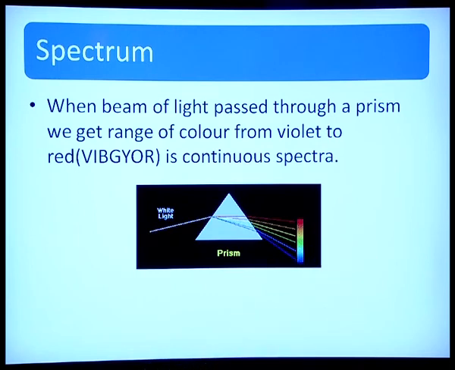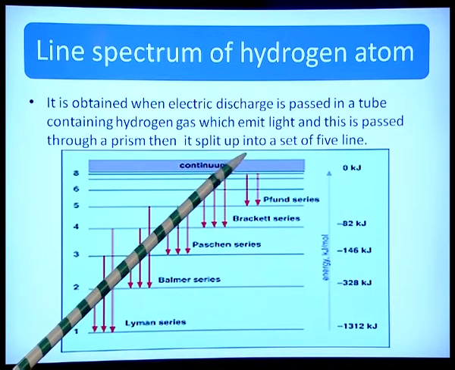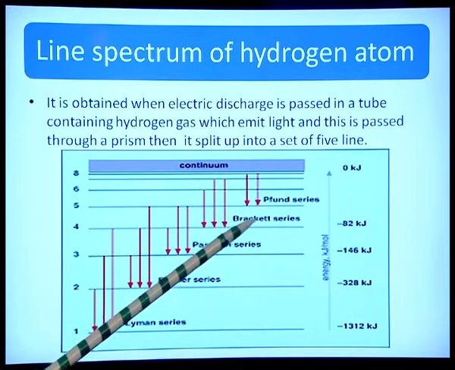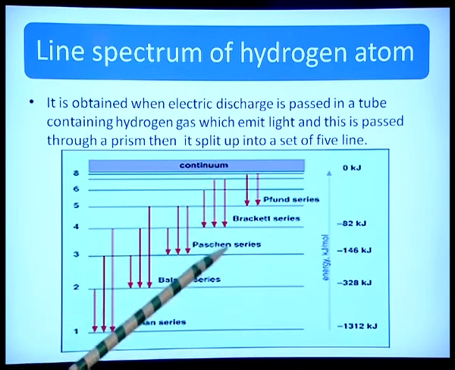We come to the next spectrum, that is the line spectrum. Here we only discuss the hydrogen atom spectrum. It is obtained when electric discharge is passed through a tube containing hydrogen gas, which emits light, and this is passed through a prism, then it splits up into a set of 5 lines.